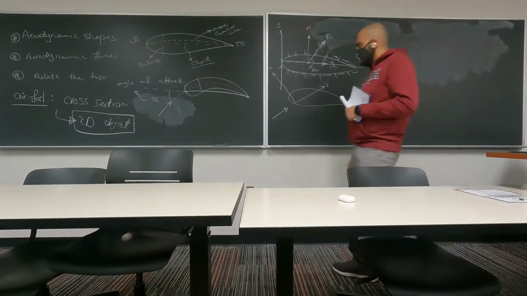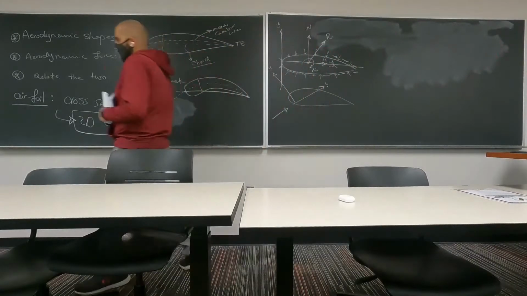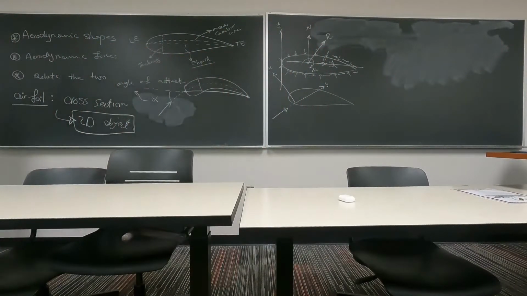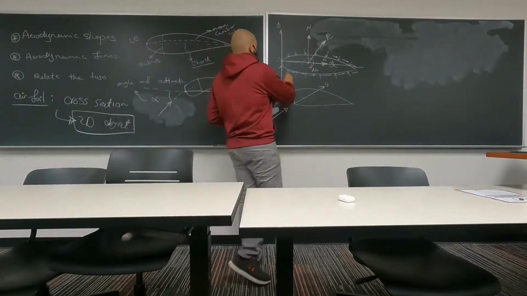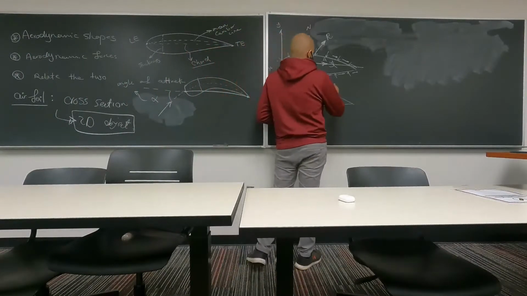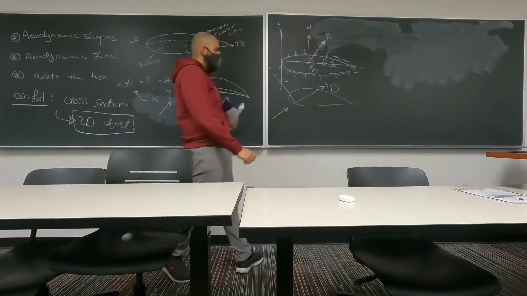Based on this, the force that is normal to the direction of the flow is going to be called lift, and the force that is tangential to the direction of the flow is going to be called drag.